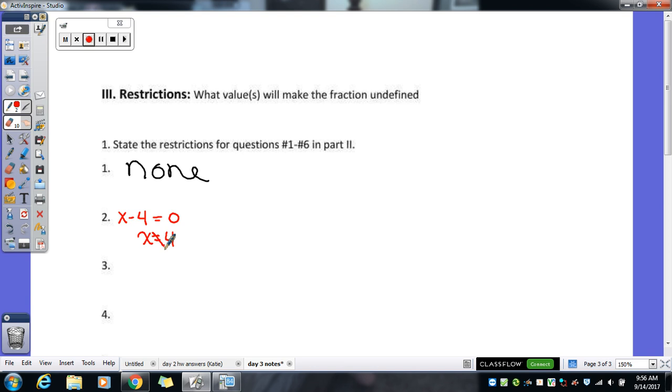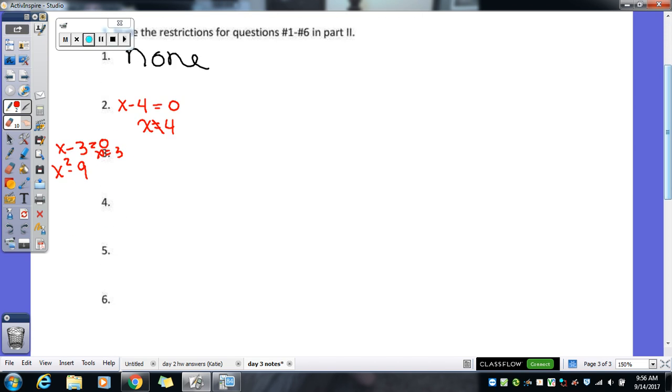So if we take a look at our third problem, we had denominators of x minus 3 and then x squared minus 9. So if we solve this first one, we would have x equals 3. If we solve the second one, what would we have?